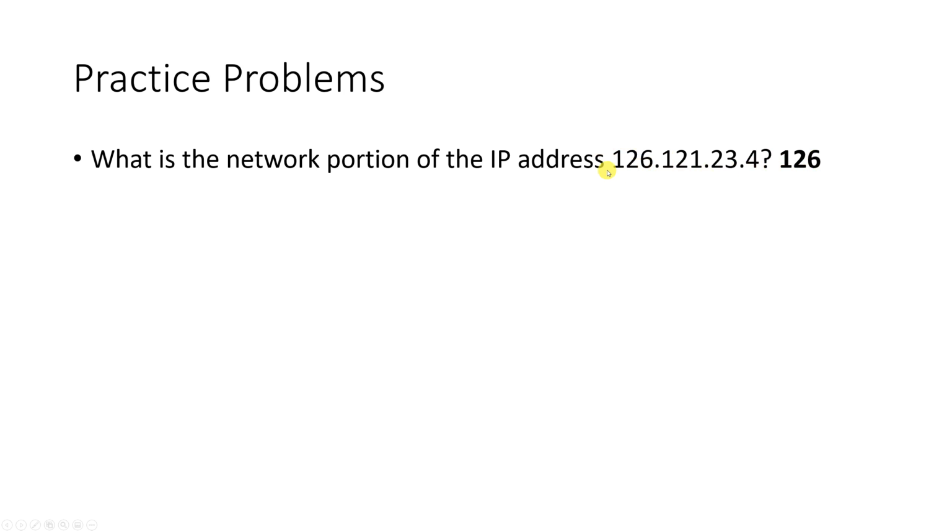Now, sidebar, how many total class A subnets can you have? Well, they can only run from, what was the range? It was 0 to 128. So if it's 0 to 128, you can only have a total of 129 class A subnets for the entire internet.